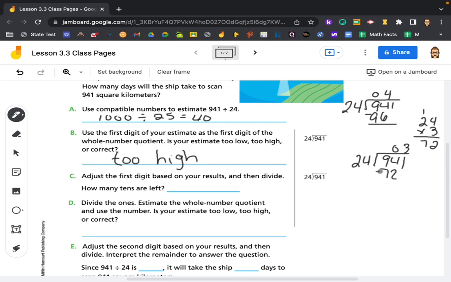So we get 72. I subtract, I get 22. So it says adjust the first tens based on your result. So I did, I got 3, and then divide how many tens are left. Well, 22 tens are left, and that is less than 24. So this is divide the ones, estimate the whole number quotient, and use the number. Is your estimate too low or too high?